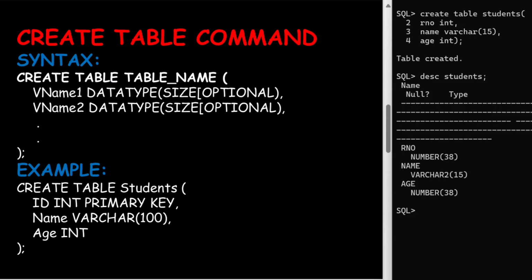So we get an acknowledgement called table created. To verify whether a table is created, we are going to describe the table with the help of the describe table name command. This command will show the entire structure of the table that has been created. There are three columns: name, null and type.